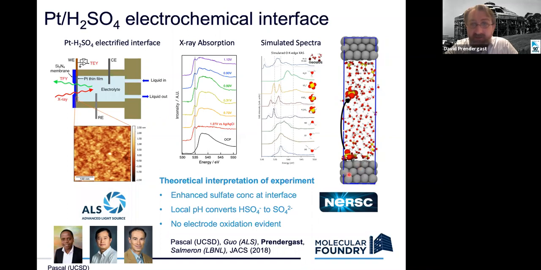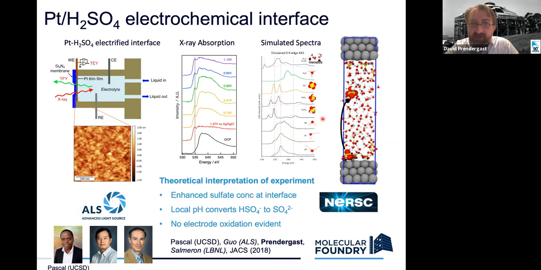This is kind of a high school example: platinum as the electrode and sulfuric acid as the electrolyte. This is what would produce hydrogen if you were to bias the platinum electrode. And the measurements are shown here as a function of voltage applied to the electrode.